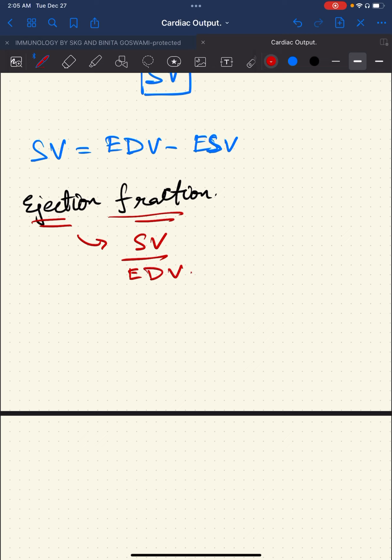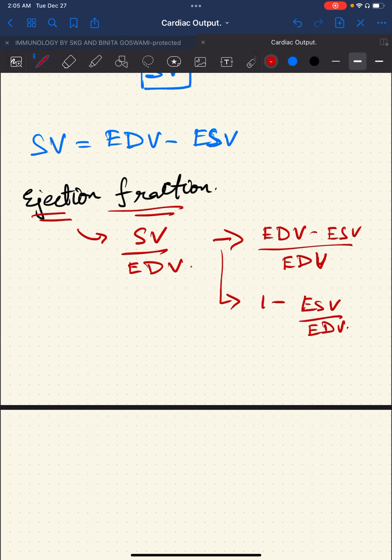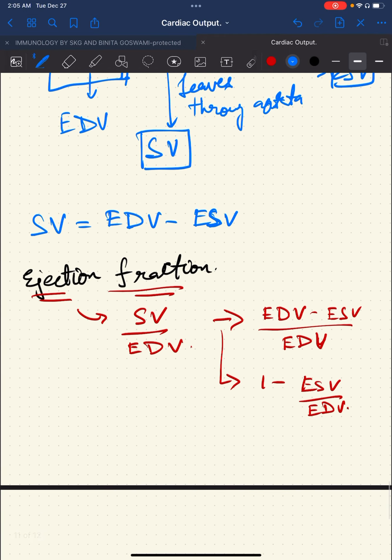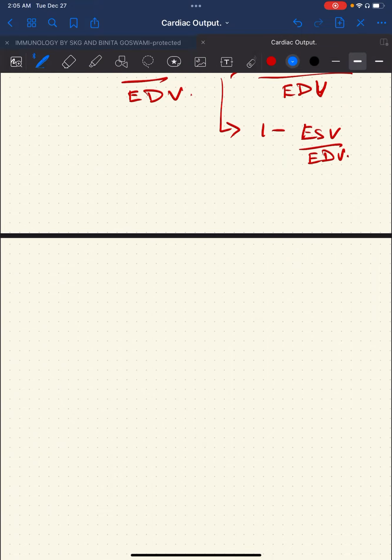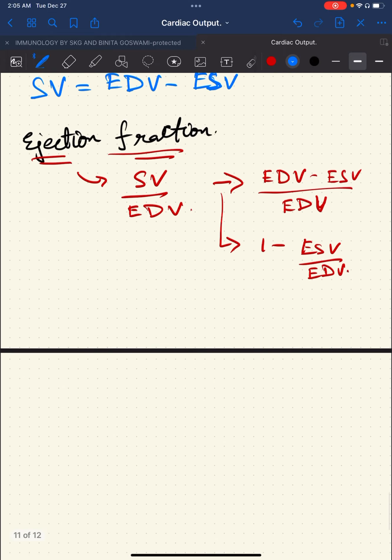We can also write it as EDV minus ESV upon EDV, or 1 minus ESV upon EDV. I hope you get this much. There is one more thing that we have to cover later, that is Frank-Starling law. I will cover that portion later on.